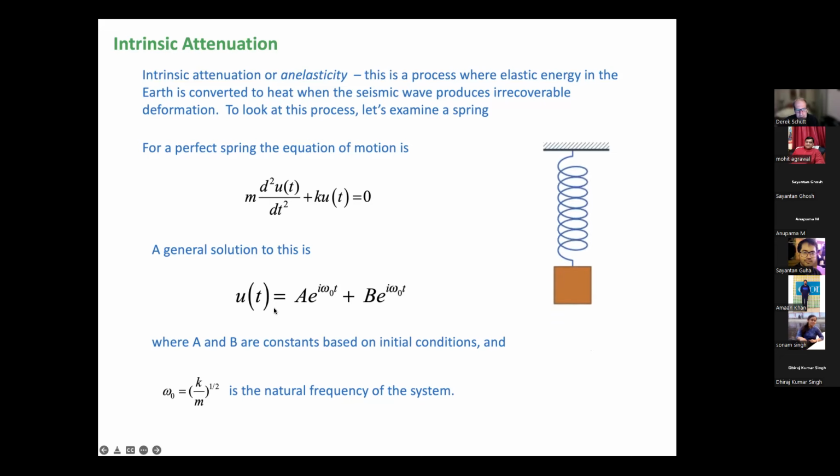A general solution to this is our displacement u(t) equals a e^(i ω0 t) plus b e^(-i ω0 t), where ω0 is the natural frequency of the system, and that equals the square root of k over m.